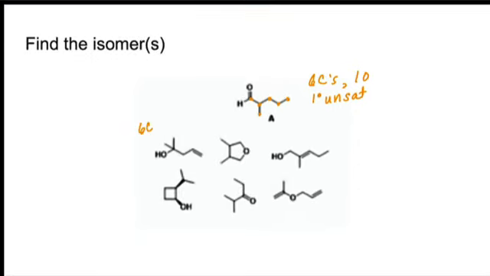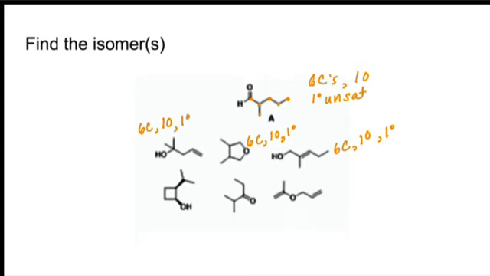I'm seeing 6 carbons, 1 oxygen, and 1 degree of unsaturation. I'm seeing 6 carbons, 1 oxygen, and because of the ring, 1 degree of unsaturation. Here I'm seeing 6 carbons, 1 oxygen, and 1 degree of unsaturation because of the double bond.